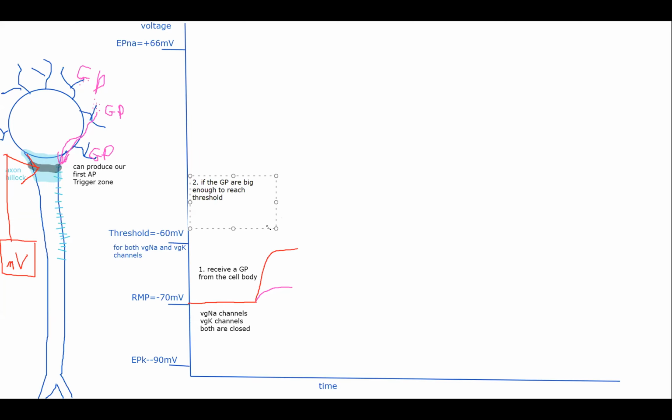Right? If we're big enough to reach threshold, this is when our magic's going to happen. This is when we get our action potential. And specifically, if it's big enough to reach threshold, the important thing to remember is that we'll trigger the opening of all of our voltage-gated channels.